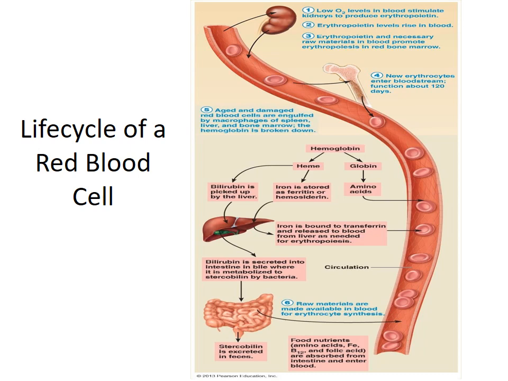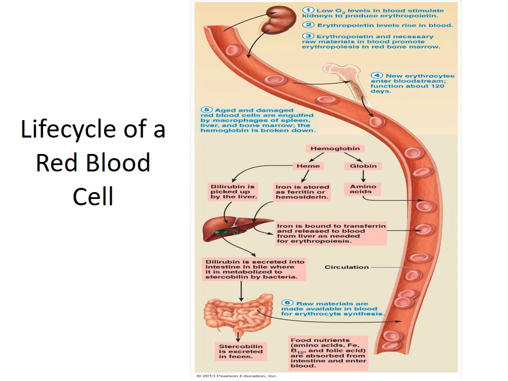In this slide, you will see the life cycle of the red blood cell. As you know, the lifespan of a mature RBC is 120 days. After 120 days, what happens to the red blood cell? Definitely, it goes into the spleen.